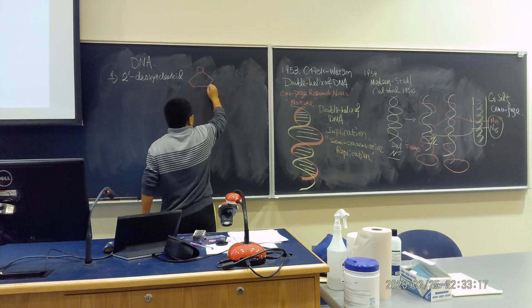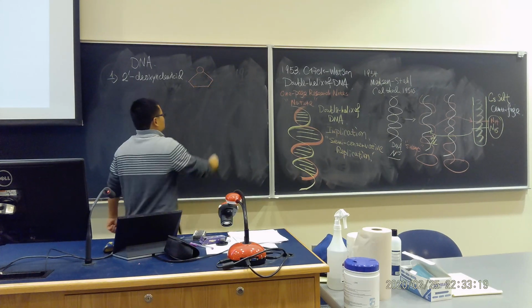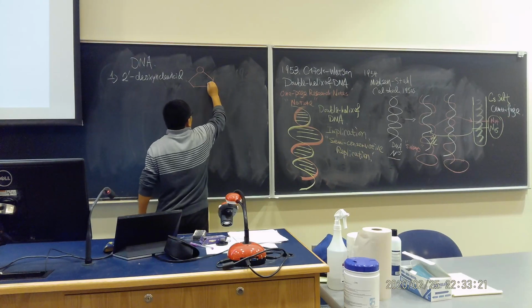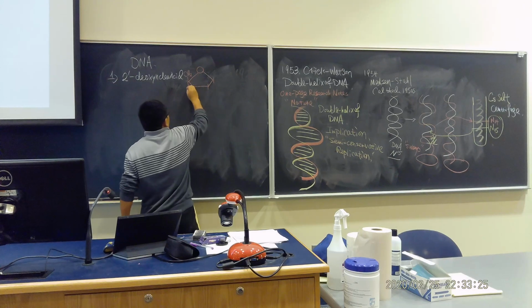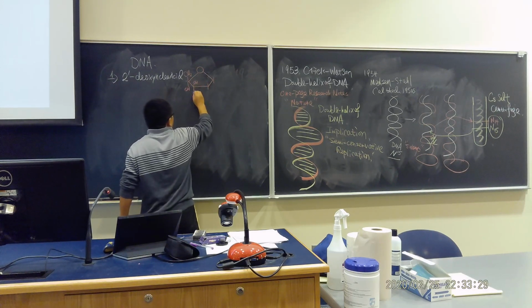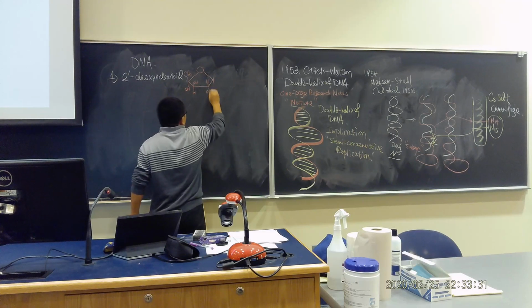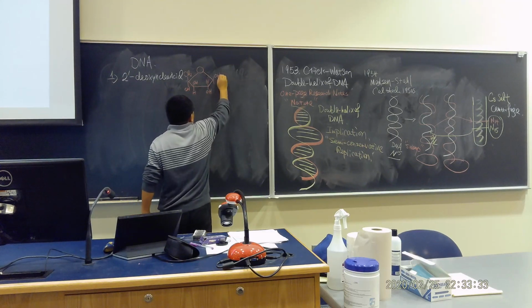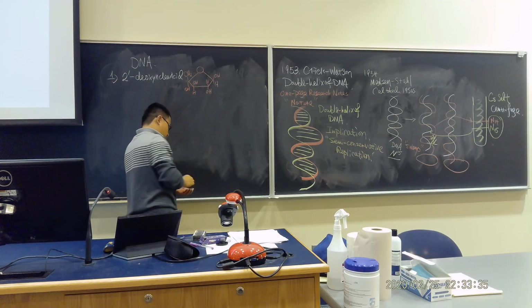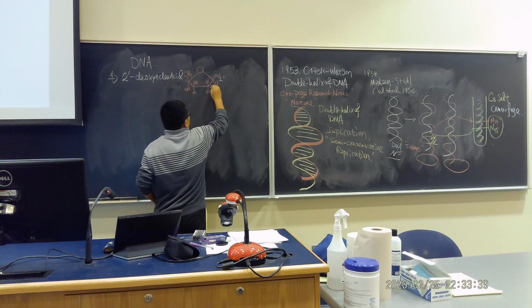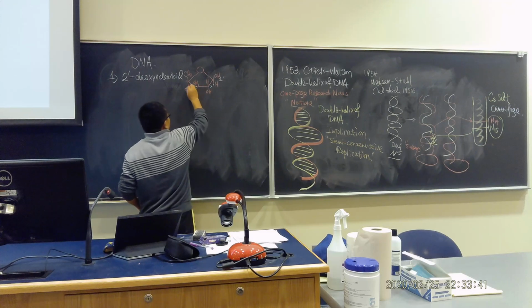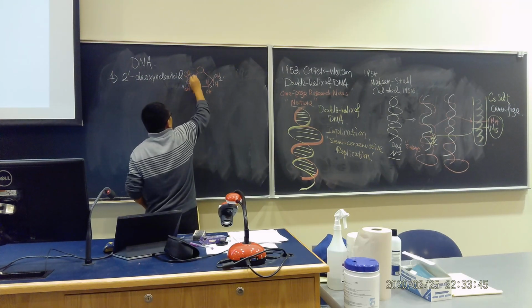Okay, this is a ribose. Different places: CH2OH, OH, OH, H, H, OH, OH, H. Carbon number 1', 2 prime, 3 prime, 4 prime, and 5 right here, 5 prime.